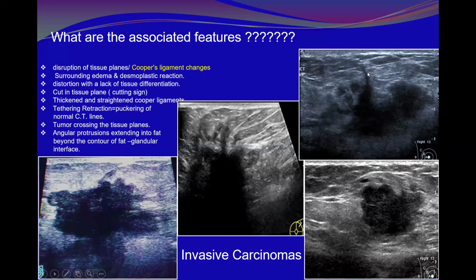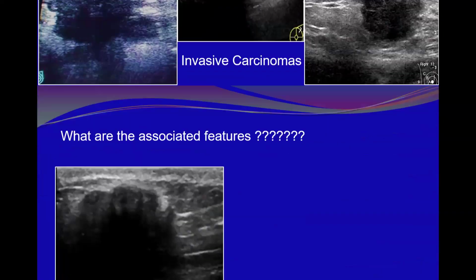Yes, cutting the tissue plane, and again here, this is a tissue plane. This extension cuts the tissue plane, with angulations, contour abnormality, retraction, thickening of the Cooper ligaments, straightening, and tethering. It is not arc-like, it is straight, thickened, tethered, disorganized. So all types of architectural distortion we have mentioned in these lectures can be seen in these examples of cancer.